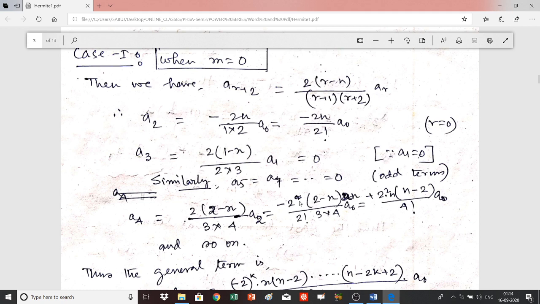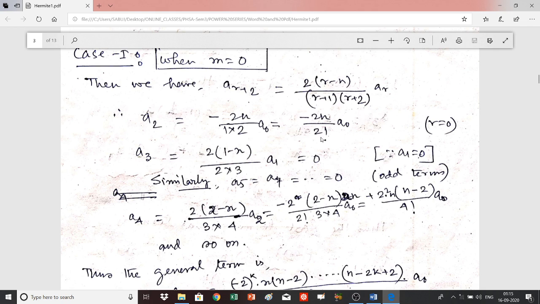Just substitute the value of a2 in this relation, that is minus 2n by 2 factorial a0. So a4 is 2 into (2 minus n) by 3 into 4 into a2. Just use the value of a2 here.